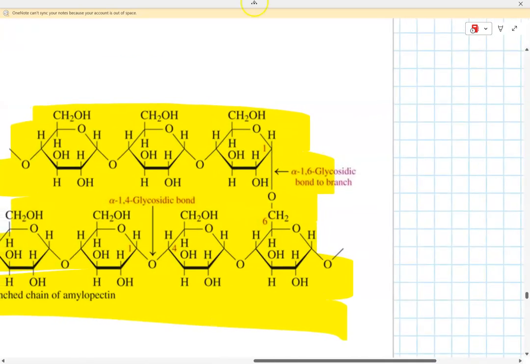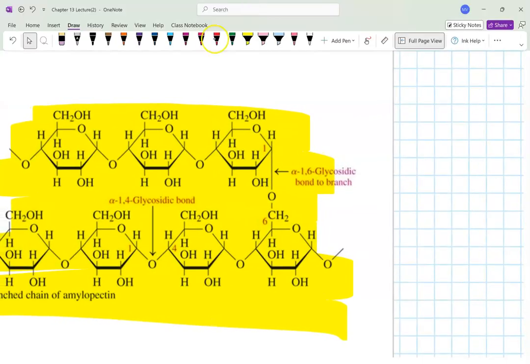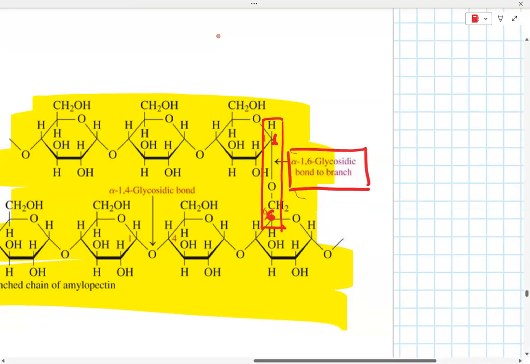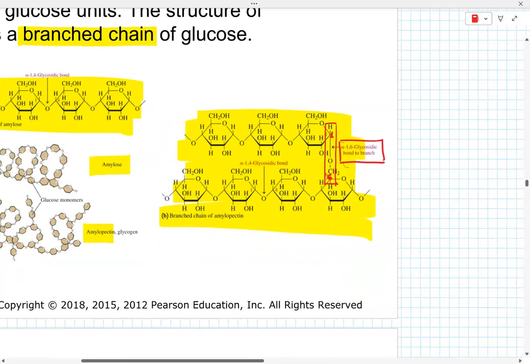Do you see this particular bond right here? Okay? So alpha-1,6 glycosidic bond. Is that clear? Good?